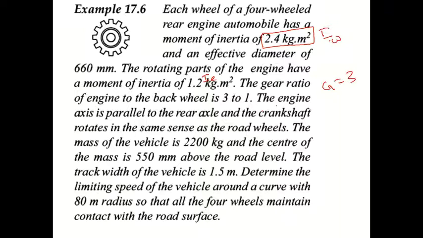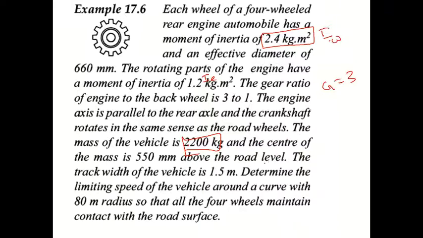Then the engine axis is parallel to the rear axle and the crankshaft rotates in the same sense as the road wheels. They have given the total mass of the vehicle, and the center of mass is 550 mm above the road level.